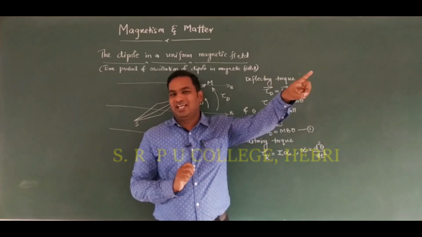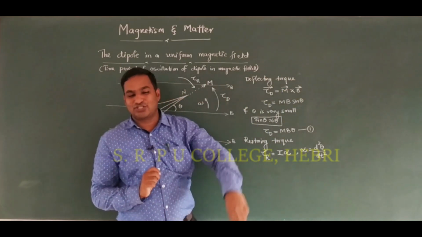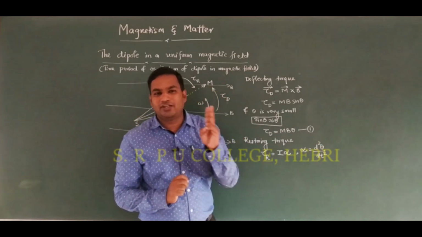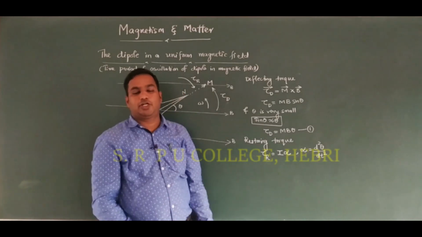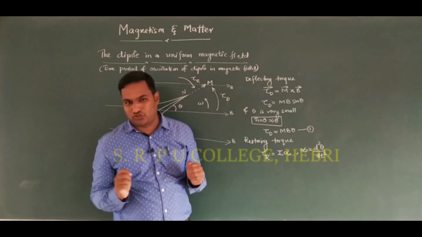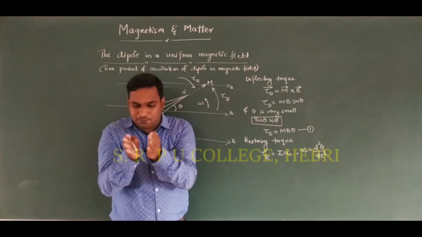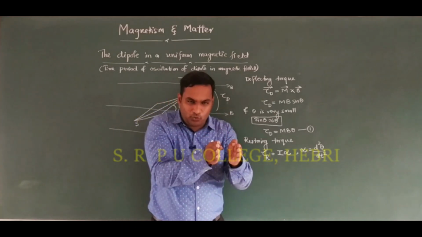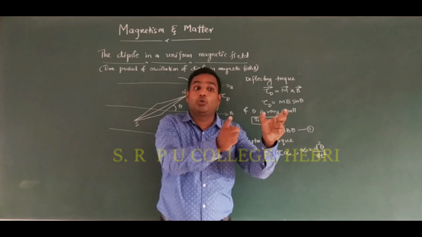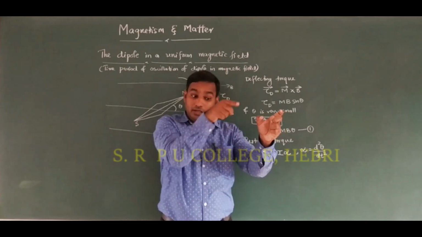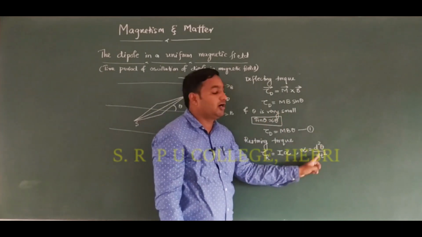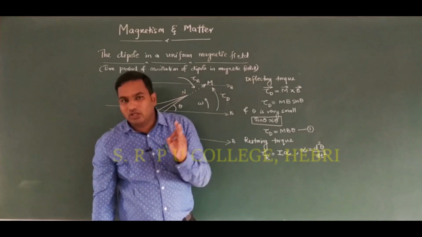Similarly, angular acceleration is equal to d square theta divided by dt square. You differentiate displacement two times to get acceleration, the same thing you learned in derivatives under maths. Keep that point in mind. Displacement is theta, velocity is omega, d theta divided by dt. Differentiating once again, d by dt of d theta divided by dt, becomes d square theta divided by dt square, which is called angular acceleration.